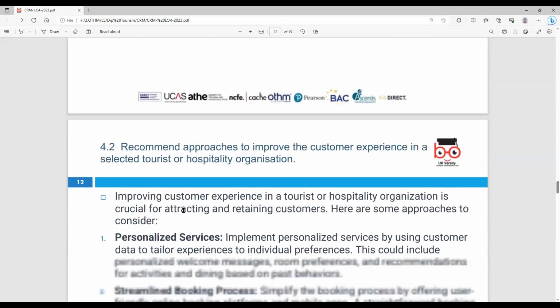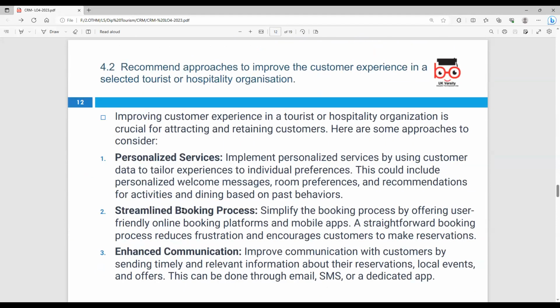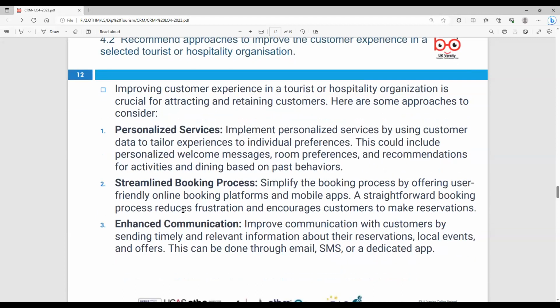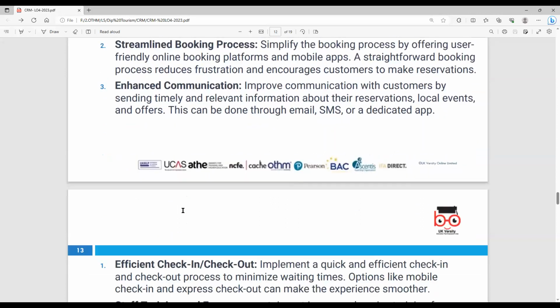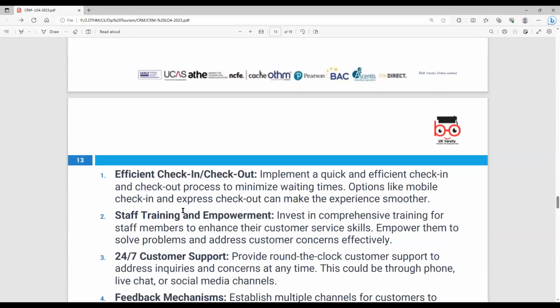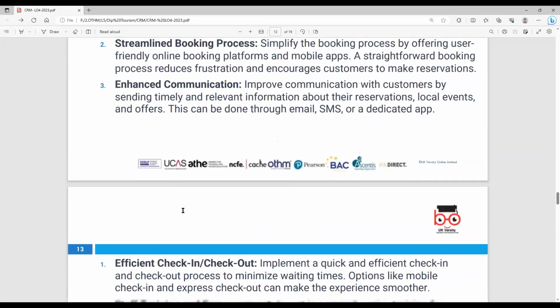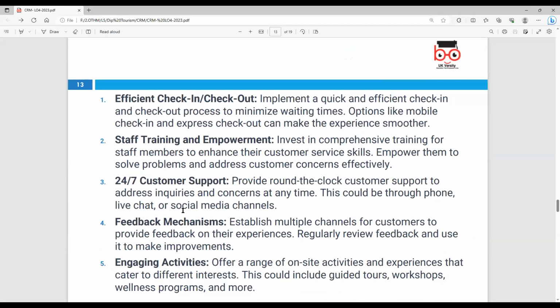And the second one, 4.2, recommending approaches, are not 100% recommendations, but these are some of the methods you can use in enhancing CRM, like using personalized service or enhancing communication through online messages, emails or updates, or checking customer feedback, monitoring it, giving personalized feedback, or engaging them, or using workshops, updates and training and monitoring, and providing around the clock customer support, for example, addressing the needs of the customers through live chat, social media or SMS and so on. So there are regular feedbacks you can provide them.